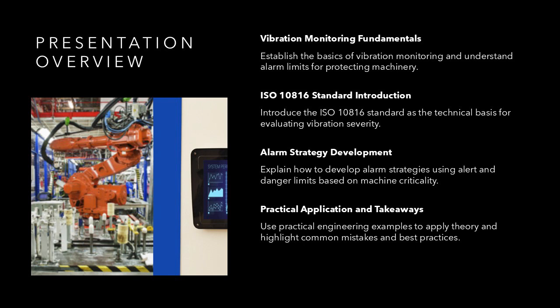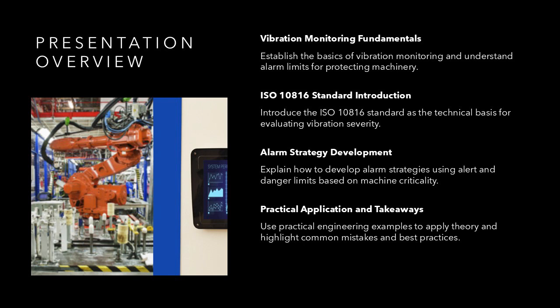Subsequent sections explain the severity zones defined by the standard and how these zones are represented graphically in the reference chart. The presentation then focuses on practical interpretation of the chart, guiding engineers through the steps required to classify machine condition based on vibration measurements, machine size, and foundation type.